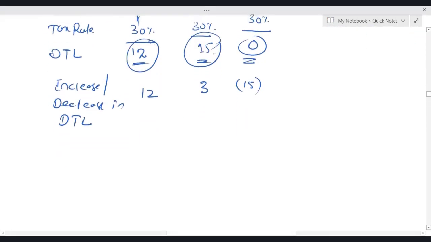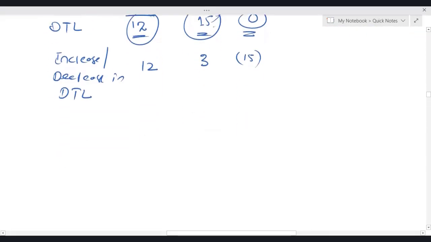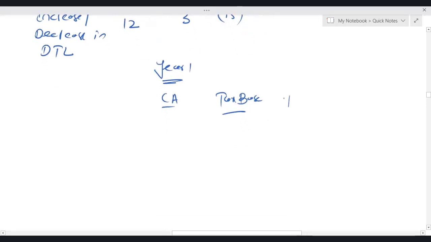Just give me 1 minute. I'll show you another presentation. You might like it more than this one. Just deal with year 1. Carrying amount, tax base. Third column is the temporary difference. In the first year, property, plant and equipment carrying amount is 400. Tax base, we have calculated 360.